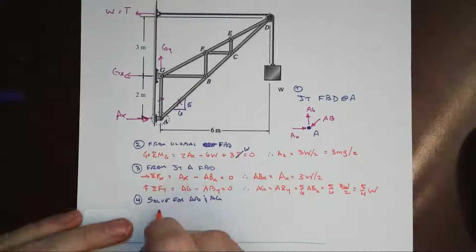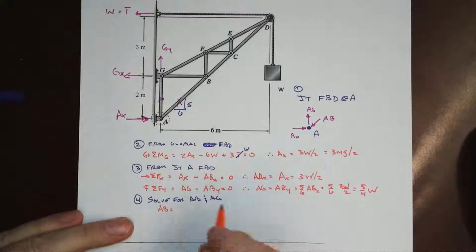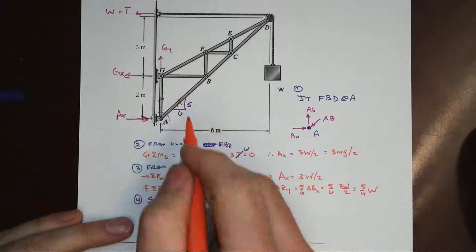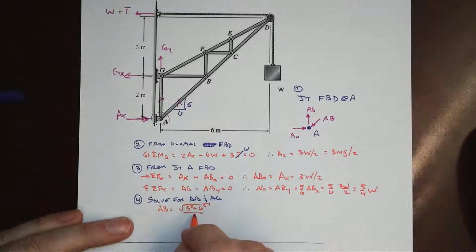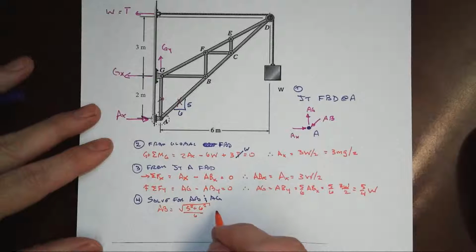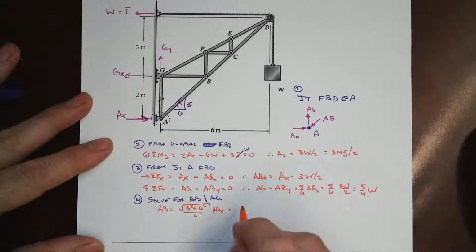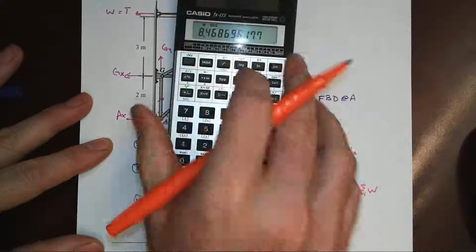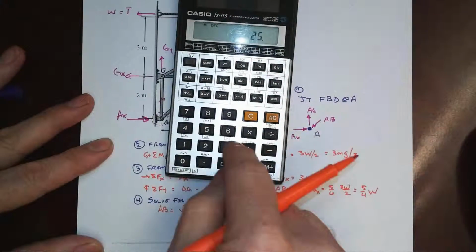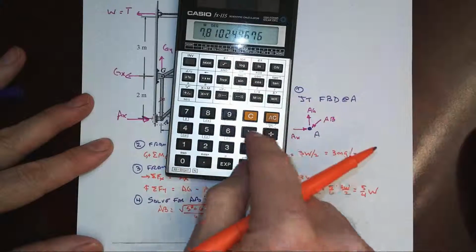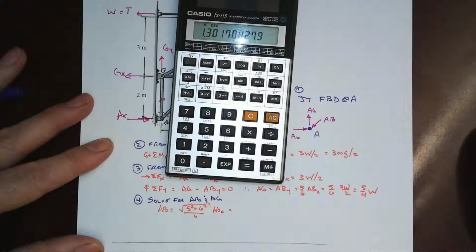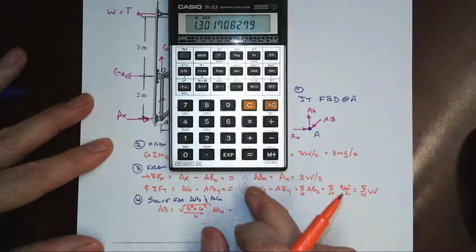Okay, AB then equals the square root of 5 squared plus 6 squared, that would be the hypotenuse, over 6, times our ABX. So let's see here, we got 25 plus 36, take the square root, divide by 6, that's 1.3017, right?